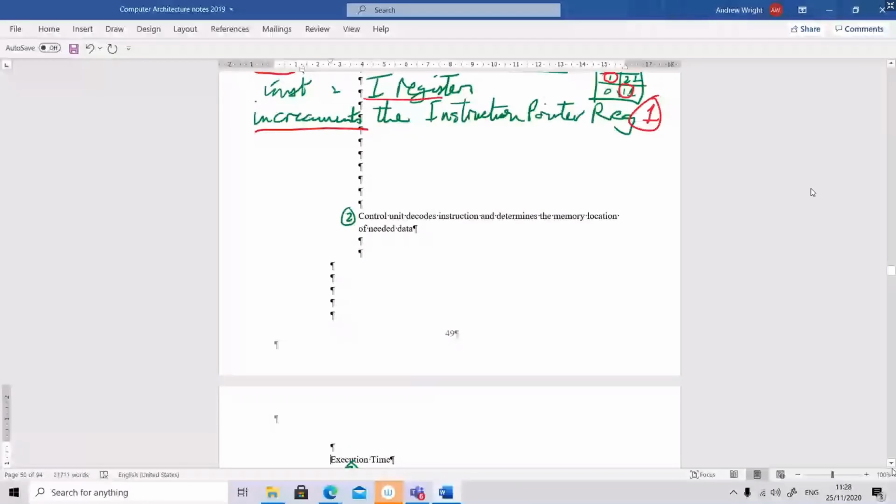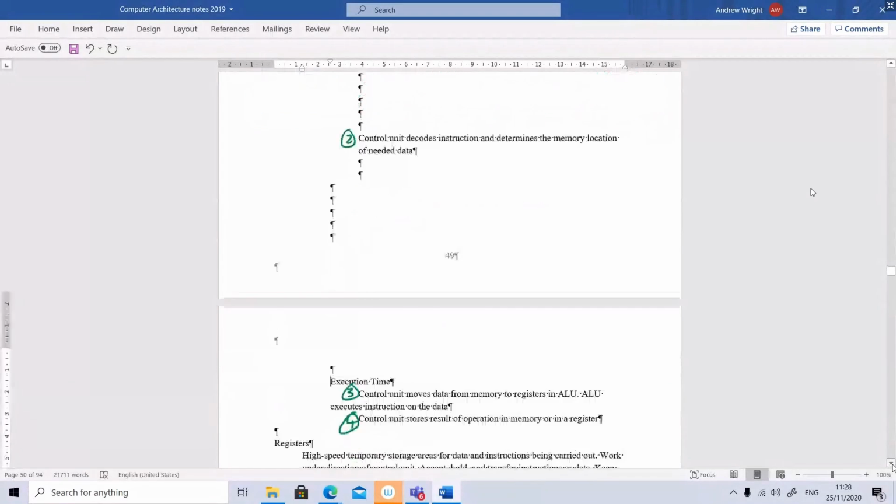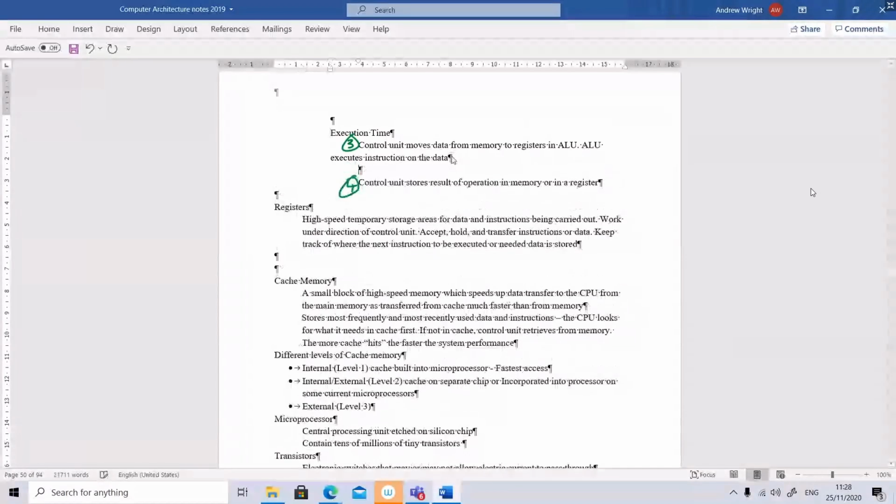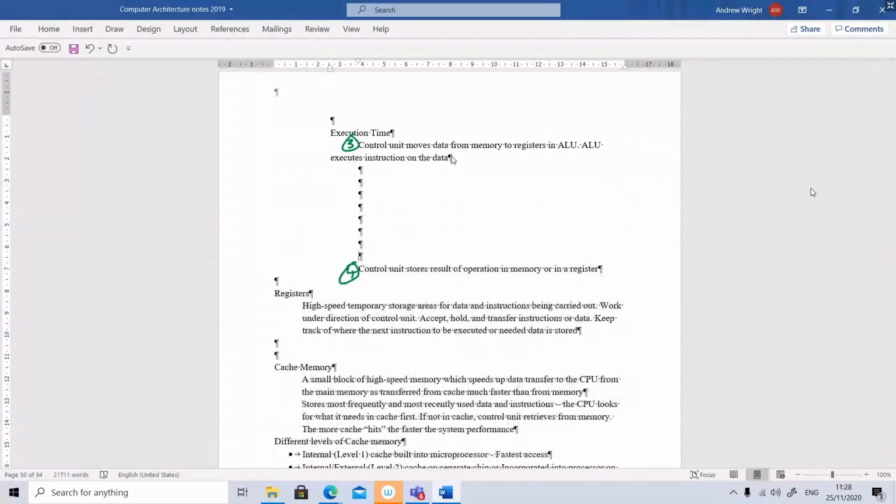Next is execution time. Again, it depends on the instruction. This sentence isn't quite correct: control moves data from memory to registers, not in ALU.